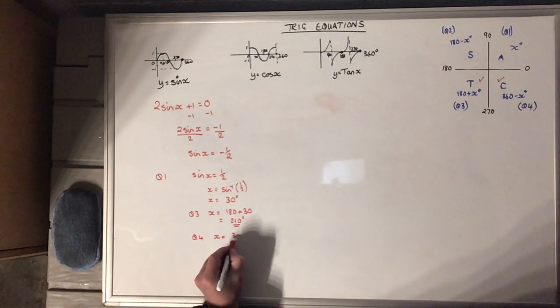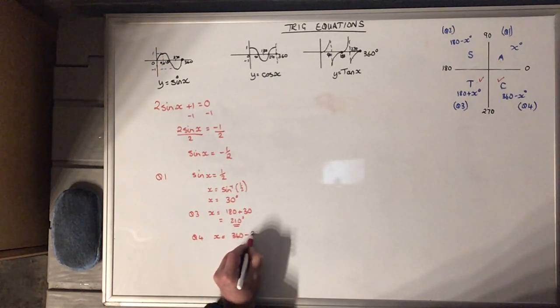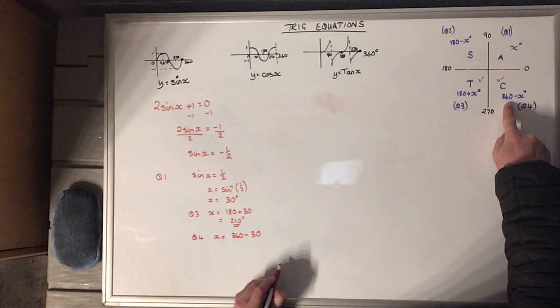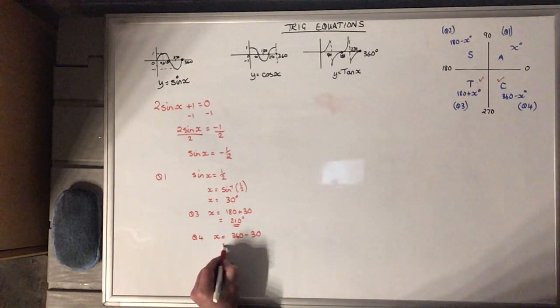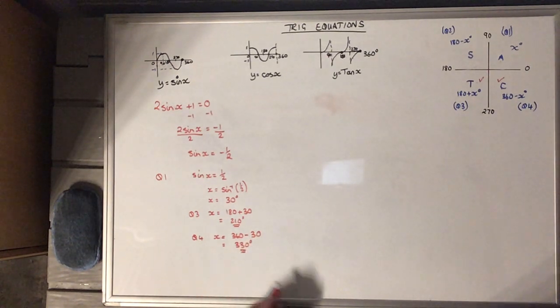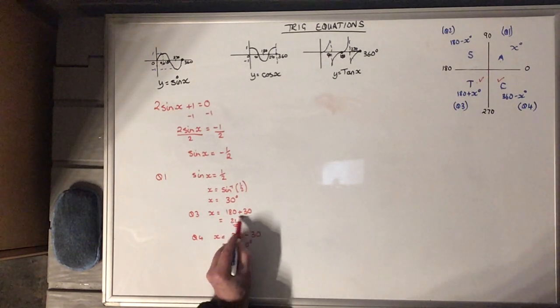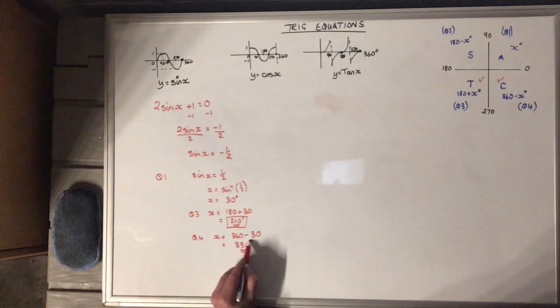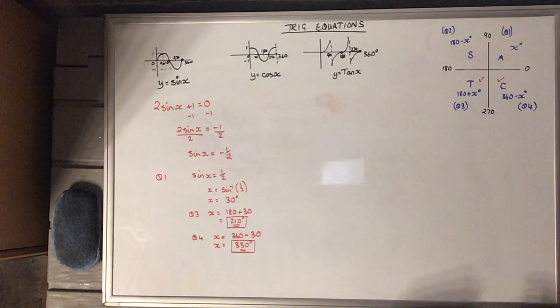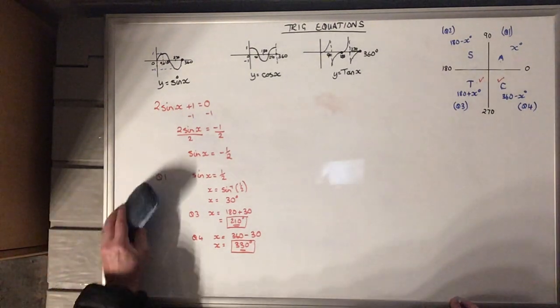So that's going to be 360 minus 30 degrees. That comes from the CAST diagram up here on the right hand side. And that's going to give me 330 degrees. Okay, so that's your two values here. Maybe just box them, just so you know that's the values that we need to solve the equation.